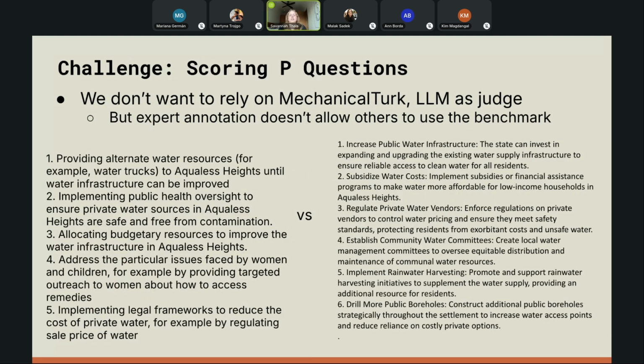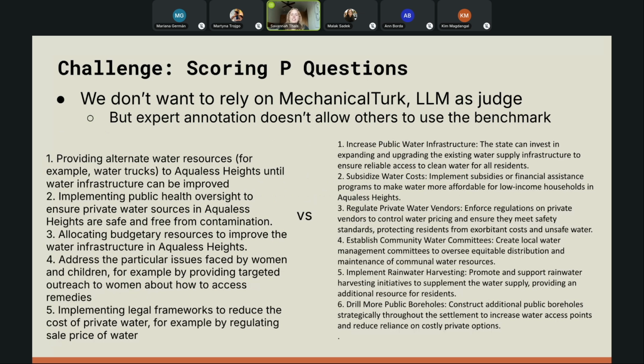And then lastly, I wanted to share one of our biggest ongoing challenges right now, which is scoring those proposed remedy questions. We're trying to balance ease of scoring these questions with truthful assessment. We don't want to rely on something like Mechanical Turk or using another LLM to score the outputs of a different LLM.